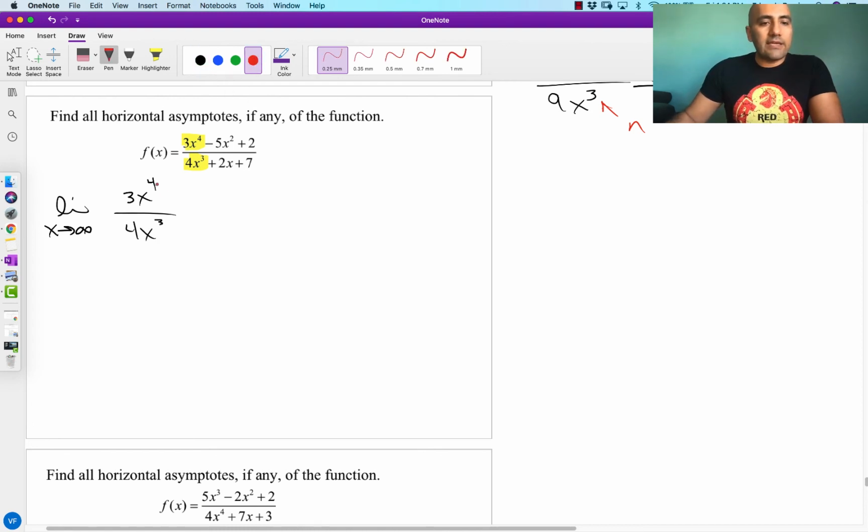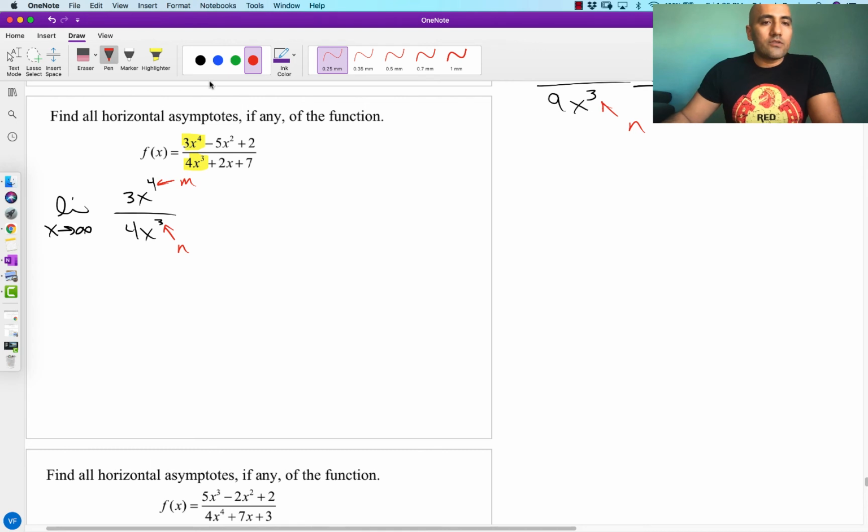So this is a case where the m value is larger than the n value. The degree of the leading term in the numerator is larger than the one in the denominator. So this is the case where it's going to go to positive or negative infinity depending on what you are working with.